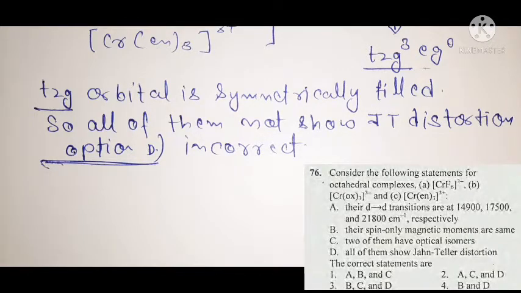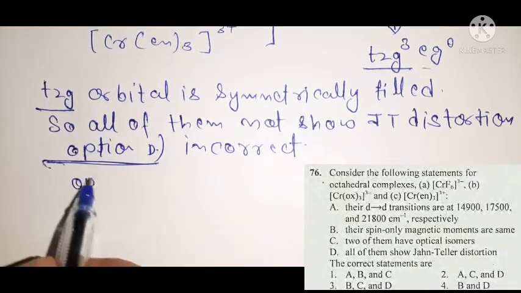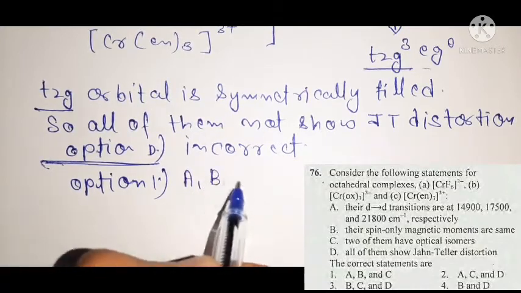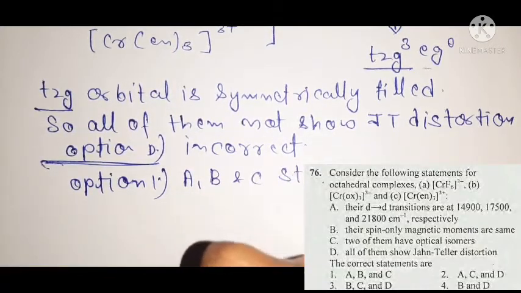All combinations which contain statement D are incorrect, so they will automatically be cancelled out. Okay, so the only option left is option number first, which contains statements A, B and C, which are correct.